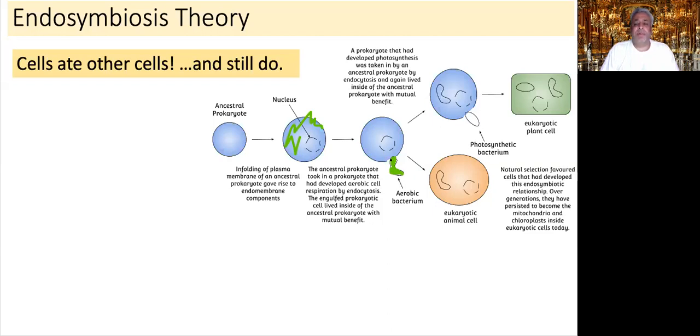Now imagine that process being unsuccessful, i.e. the larger cell eats the smaller cell, but it doesn't digest it. And it sits around inside the cytoplasm. Now, you could say that could be harmful. Yes, in most cases, that would lead to the death of both cells.